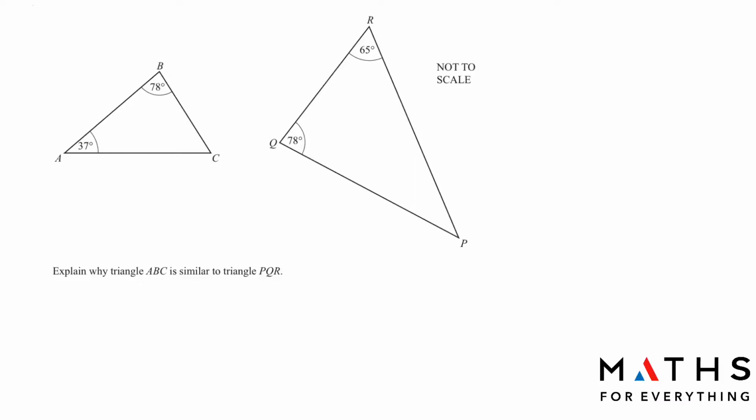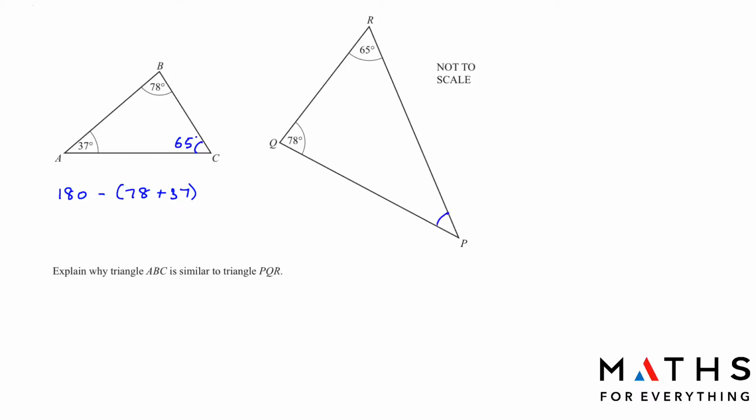You have been given two angles in triangle ABC. Let's find the third angle. You know that in a triangle, the sum of three angles is equal to 180. So to find the third angle, we are going to subtract from 180, 78 and 37. That will give us 65.